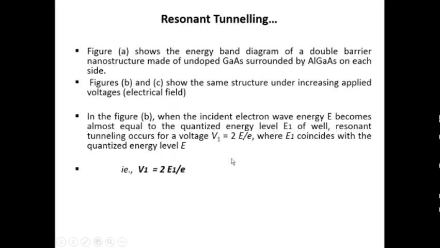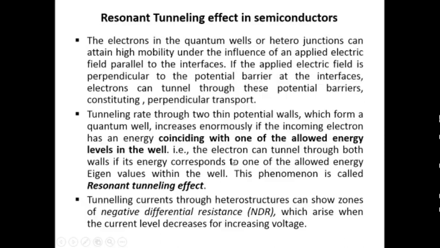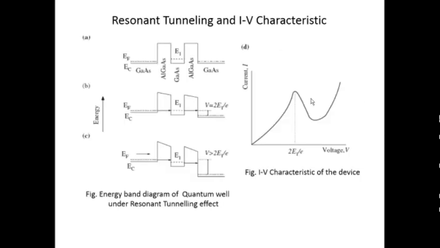Let us see the case here. When the incident energy E coincides with E1, resonant tunneling occurs in this quantum well. Under the resonant tunneling condition, if the applied voltage is increased, that is, the electric field is increased, and the voltage reaches a value 2E1 by E, then what happens to the well?